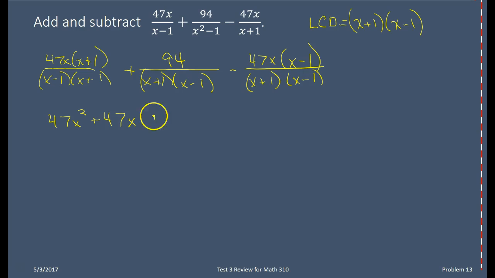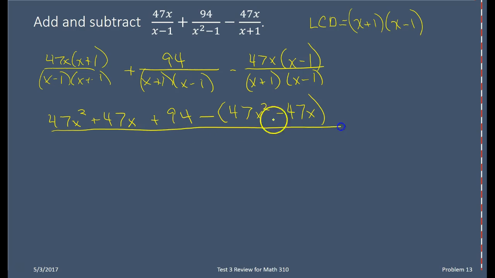47x. Our next term is simply 94, and then we are subtracting, and so remember, put a parenthesis. 47x times x is 47x squared, and then 47x times negative 1 is minus 47x. All of that over our least common denominator.